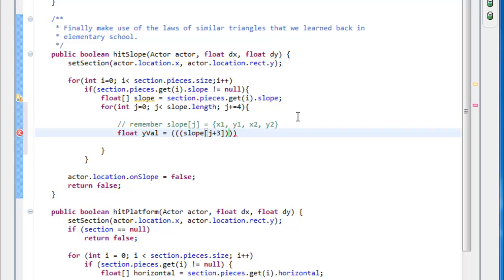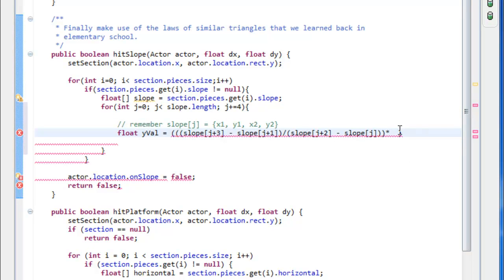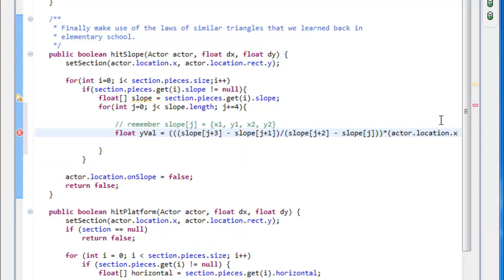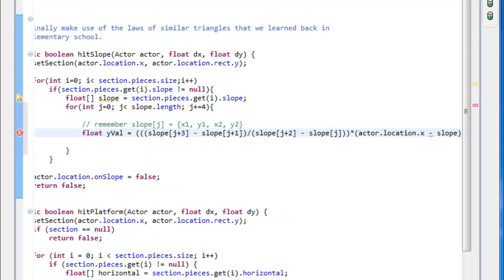Okay, so refer to that, minus slope j plus 1, divided by slope j plus 2 minus slope j, multiplied by the actor dot location dot x, as we said, minus the slope x1, which is j.